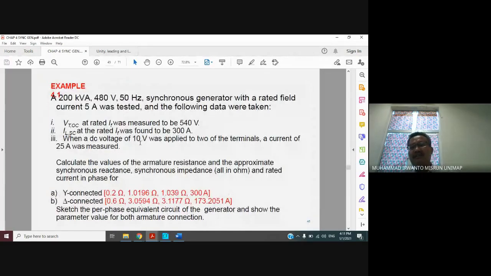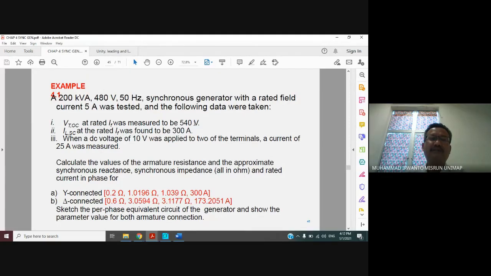Okay, lastly, an example. Example 4.1. A 200 kVA, 480 volt, 50 Hz synchronous generator with a rated field current of 5 ampere was tested, and the following data were taken. First, VTOC at rated IF was measured to be 540 volt.